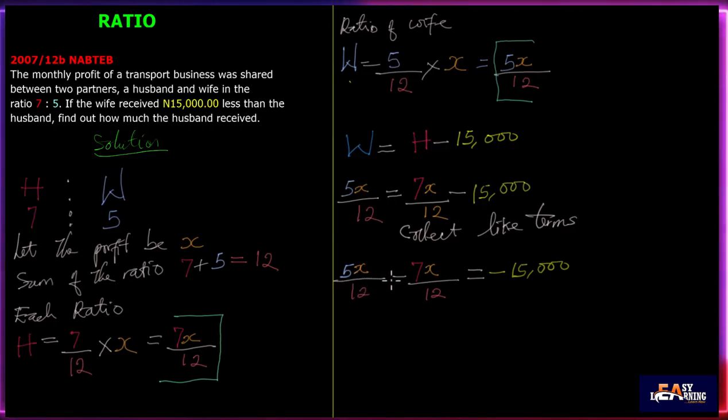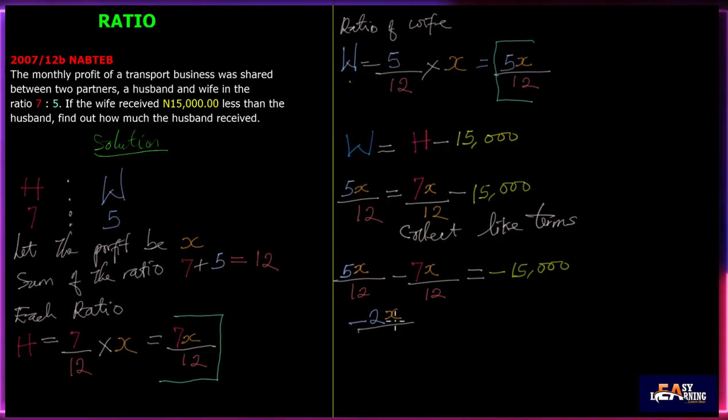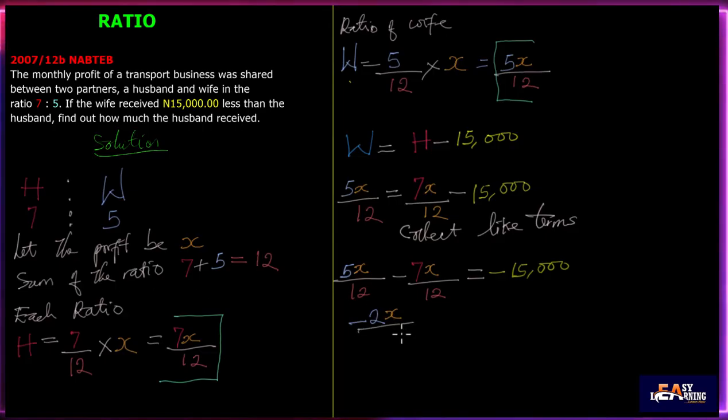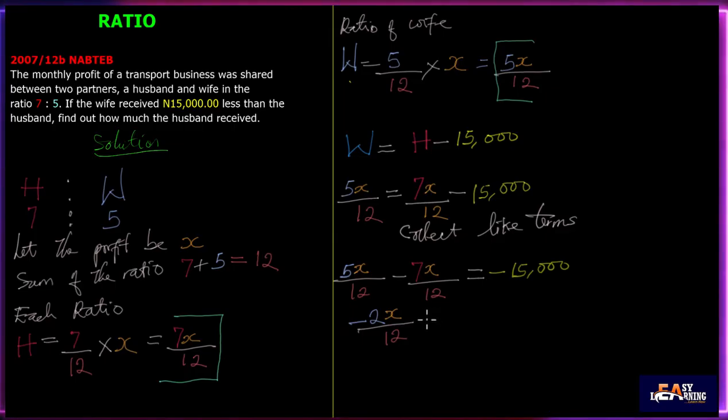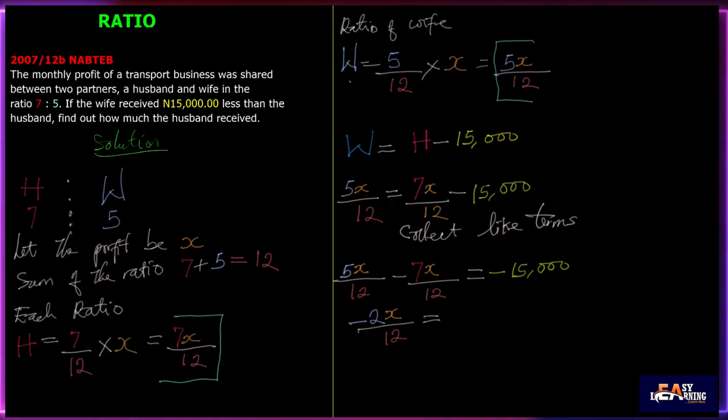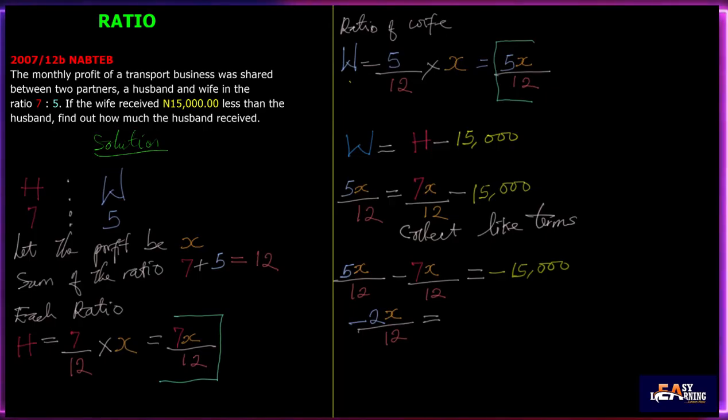So 5x minus 7x will give us minus 2x, all over the denominator, which is 12, equal to minus 15,000.